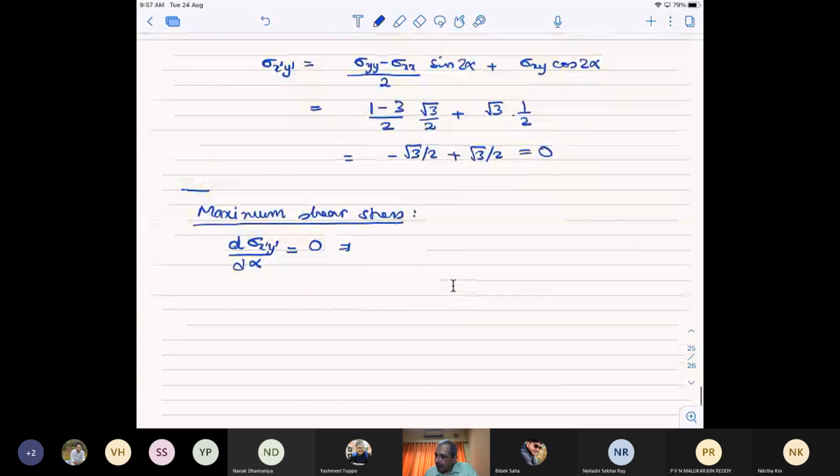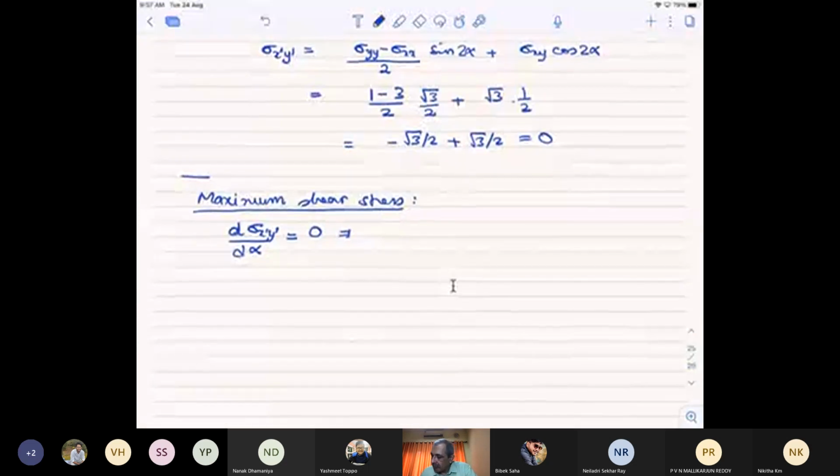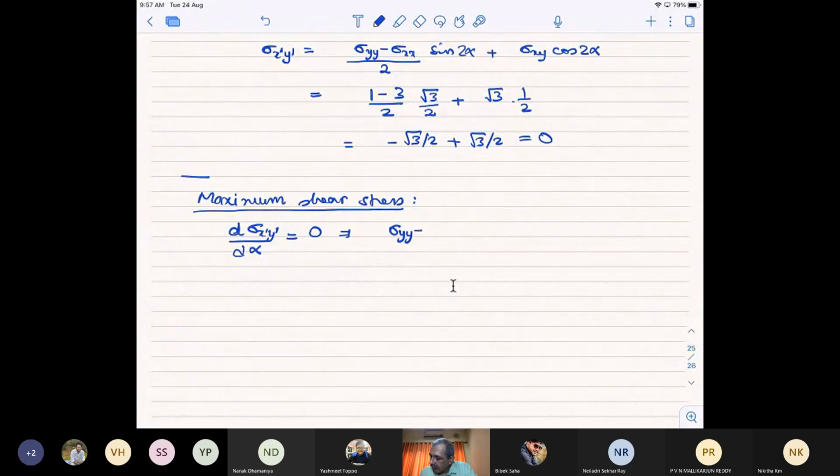So when I take the derivative, you have sigma yy minus sigma xx divided by 2 into 2 cos of 2 alpha m prime. I'm calling it prime because this is the angle at which the shear stress is maximum; alpha m is the angle at which the normal stress is maximum. And this gives minus sigma xy into 2 sine 2 alpha m prime equal to 0.